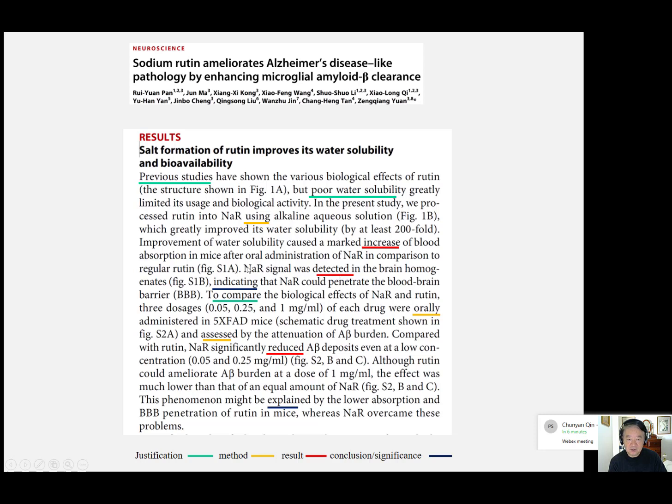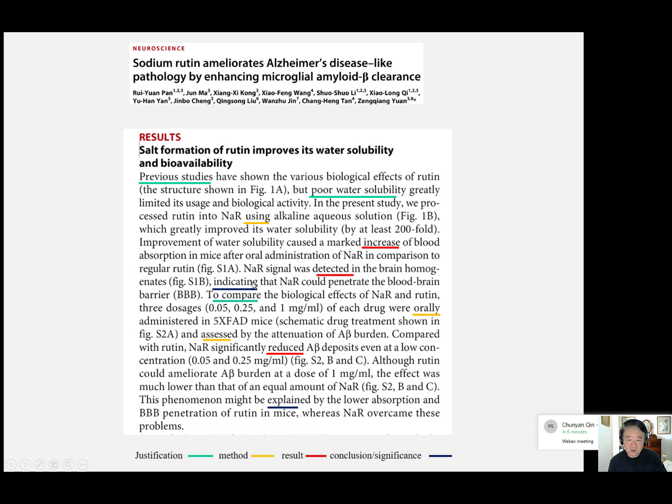Now here I want you to see this sentence from here to here. Now they detected this, indicating that what they have detected with this new compound, rutin conjugated with sodium, and they saw the signal to detect the brain. This is indicating.